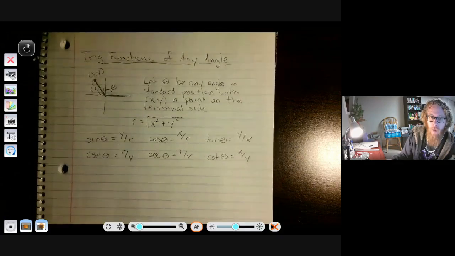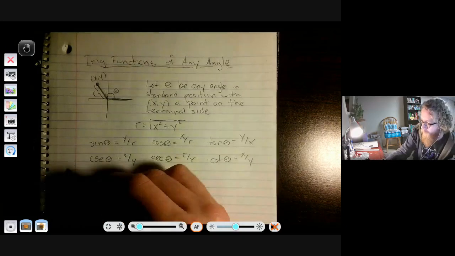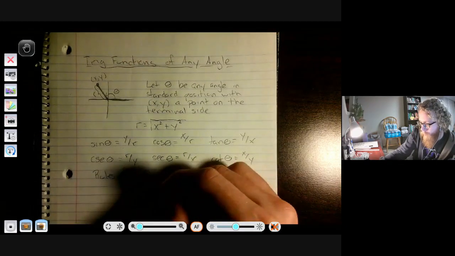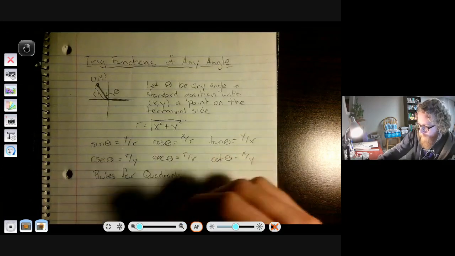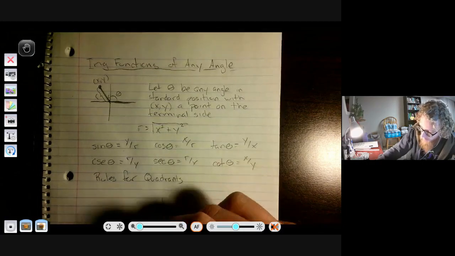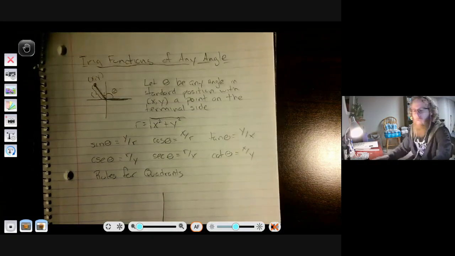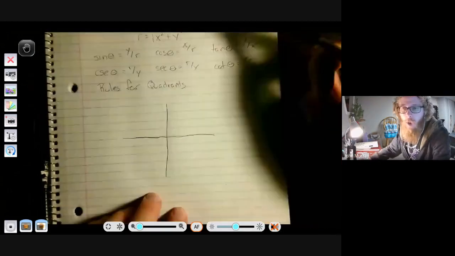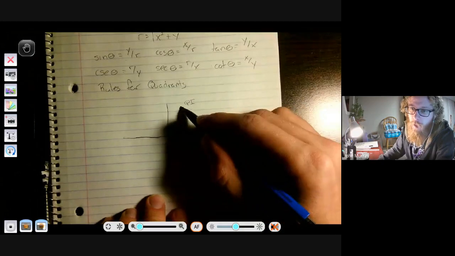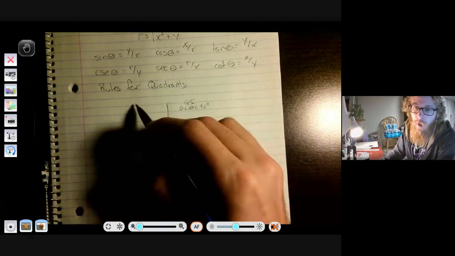So then we have some rules that depend on our quadrants. All right, so I'm going to make this pretty big because we have some information to write in our quadrants. All right, so let's remember what our quadrants are. Up here we have quadrant 1, right, which is between 0 and 90 degrees.